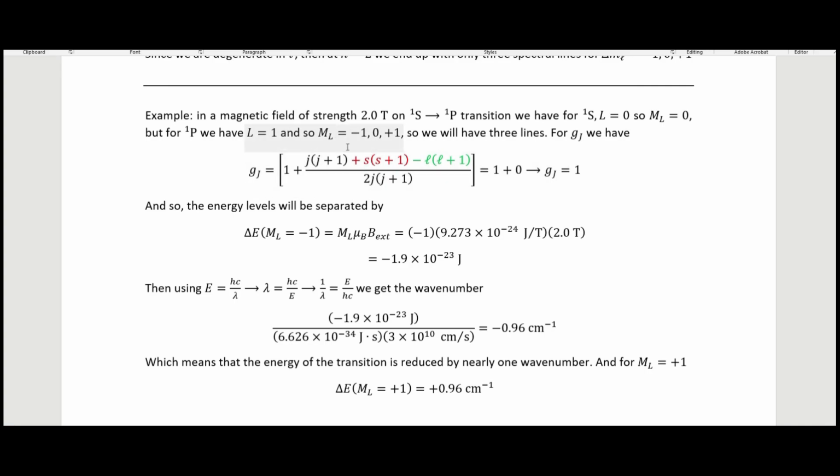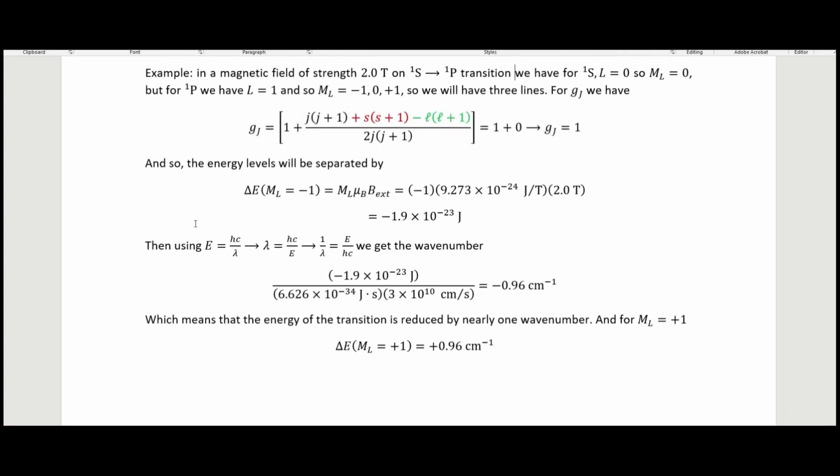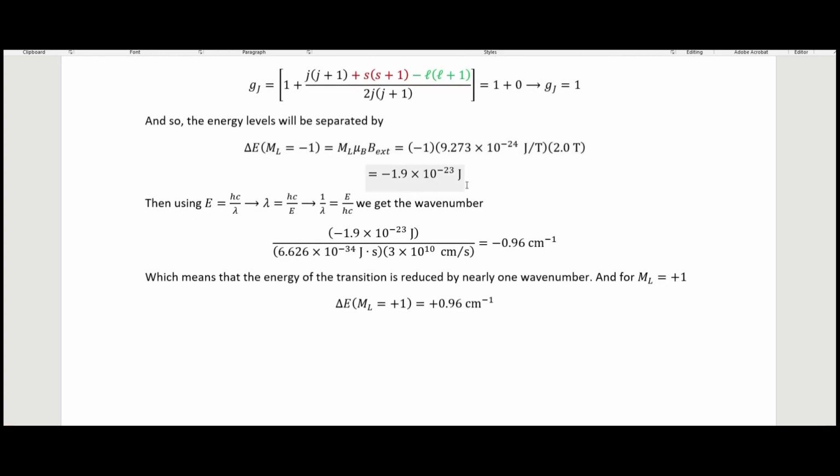So m sub L is equal to negative 1, 0, and plus 1. So we'll have 3 lines. And then our g sub J, remember we ended up finding that being equal to this right here, and that will just end up being 1. So the energy levels will be separated by this amount.